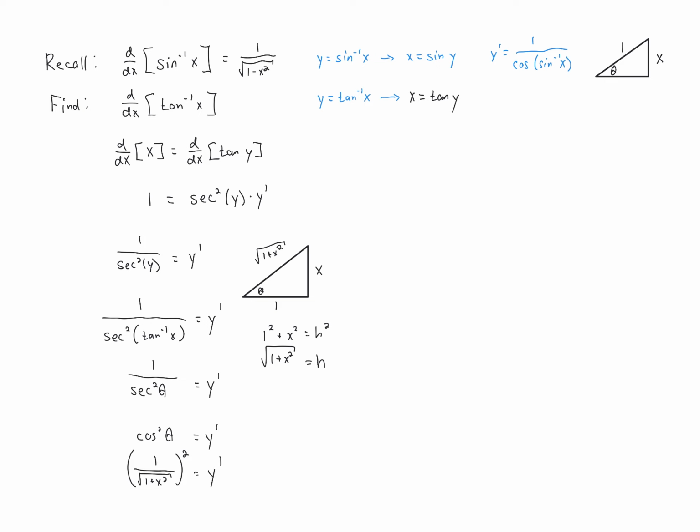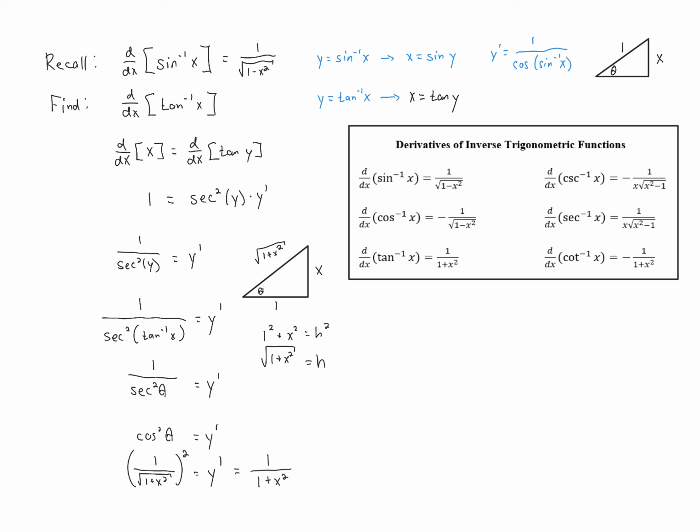But when we square this whole thing, what it does is it gets rid of that square root in the denominator, and we are left with just 1 over 1 plus x squared as our derivative. So we now have the derivative of inverse tangent of x. And now that we've done 2 of these, I'm just going to give you the rest so you have them all in one nice place.